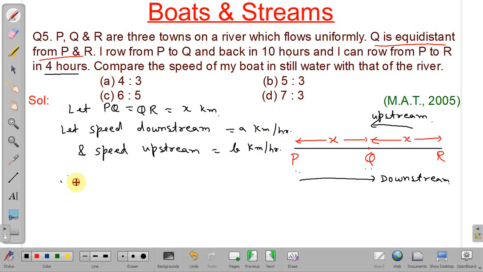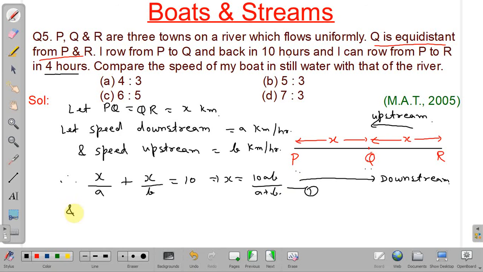Okay, now while going from P to Q, distance is x, so x divided by speed, so P to Q it is downstream, so downstream speed is a, and then coming back from Q to P, distance will be x, and the speed will be upstream speed, that is b, and it should be equal to 10 hours. So from this, if we express x, then it will be 10ab divided by a plus b. Suppose this is our equation number 1.